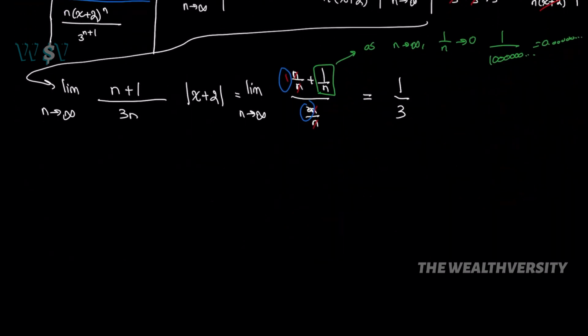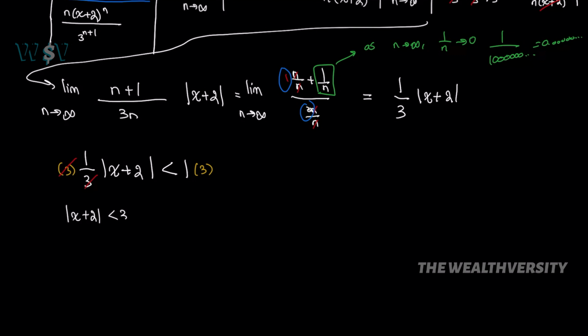So after we simplify, we will get 1 over 3 times the absolute value of x plus 2. Now we set 1 over 3 times the absolute value of x plus 2 less than 1, and we multiply by 3 on each side, which gives us the absolute value of x plus 2 is less than 3, and 3 is our radius of convergence, regardless of what is being added to or subtracted from x in between the brackets, as long as there is no coefficient beside the x.